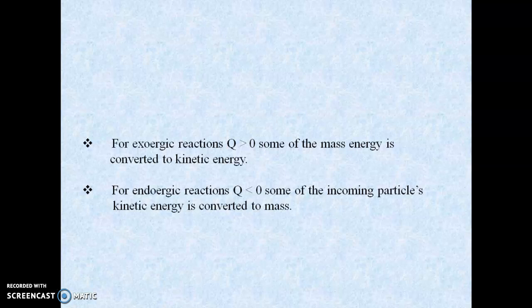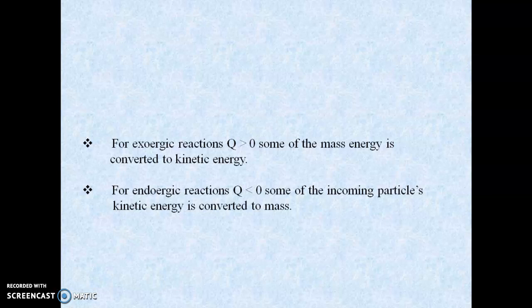For an exothermic or exoergic reaction, Q is greater than 0. Some of the mass energy is converted into kinetic energy. For an endoergic or endothermic reaction, Q is less than 0. Some of the incoming particle kinetic energy is converted to mass.